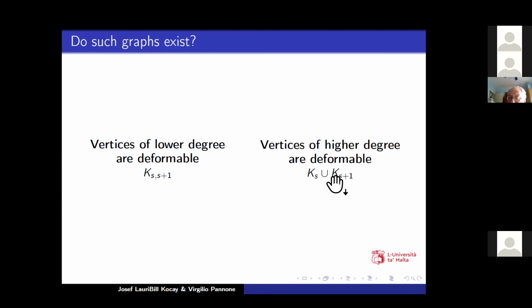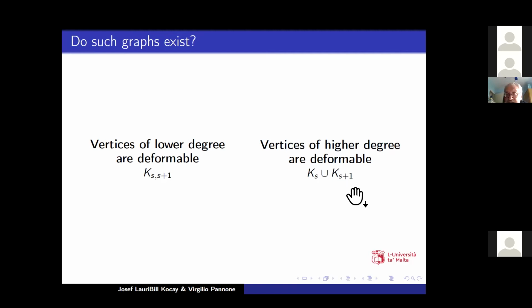If you take a vertex here and you deform it by removing all its edges in here and joining it to the vertices in here, this flips side, and we get again the same graph. So the complement of this is this.